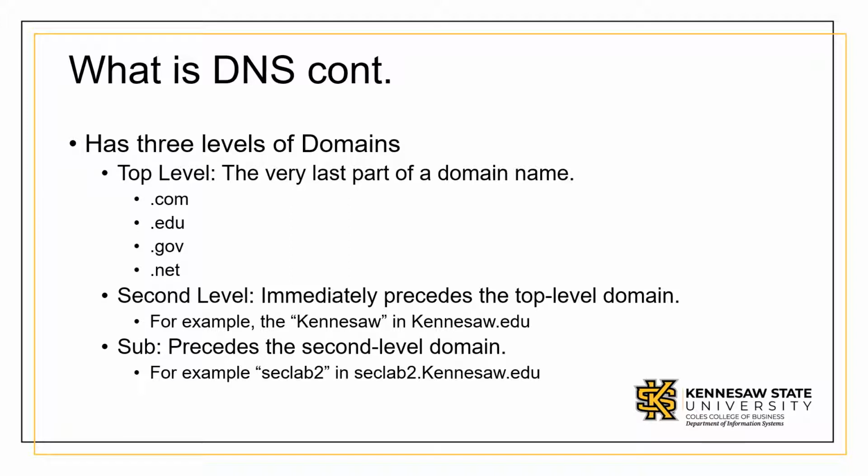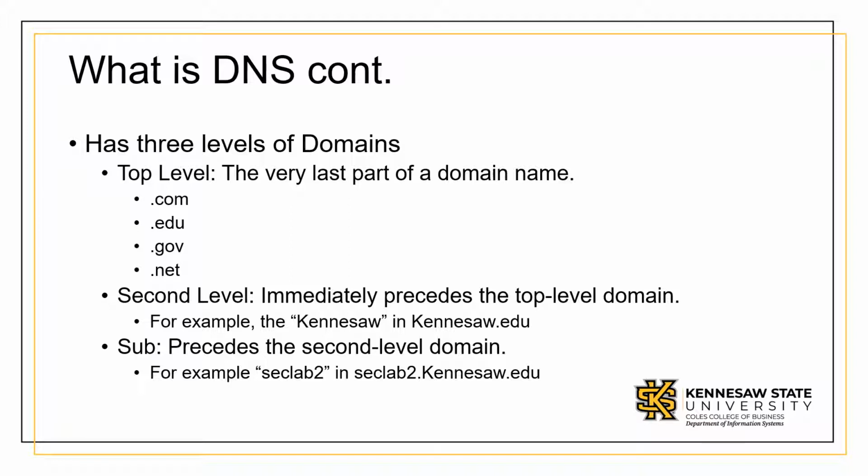Preceding the top level domain is the second level domain. And this is what we often see as the company name, such as Amazon, Google, or even in our school's case, Kennesaw. And then lastly are the subdomains.